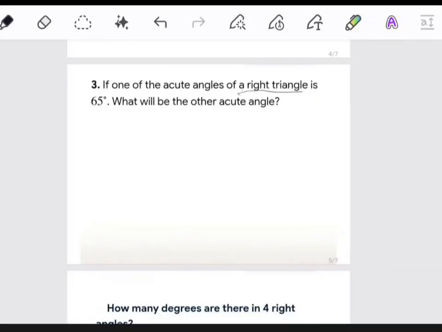So 90 degrees minus the known angle 65 degrees. The answer is 25 degrees. So the other acute angle is 25 degrees.